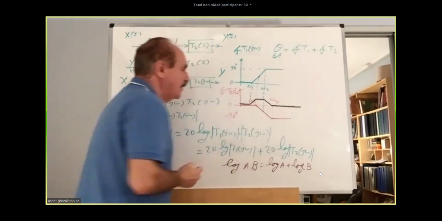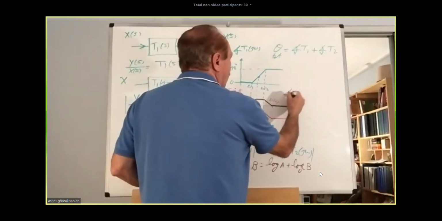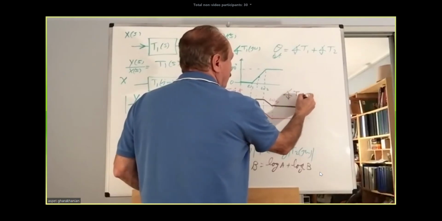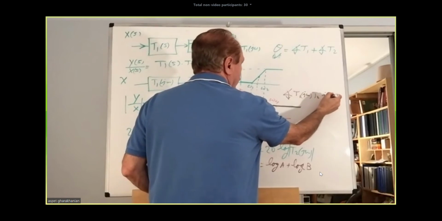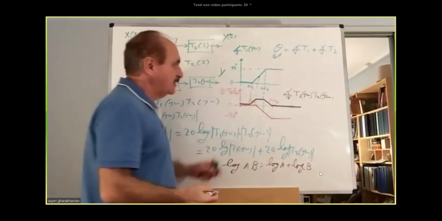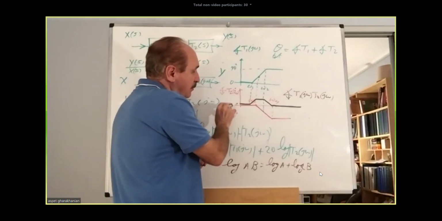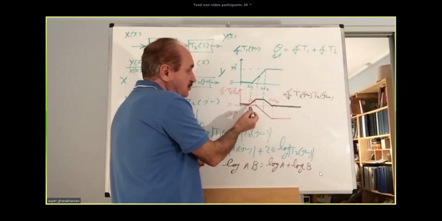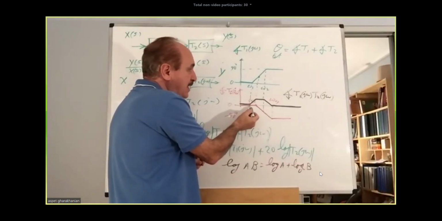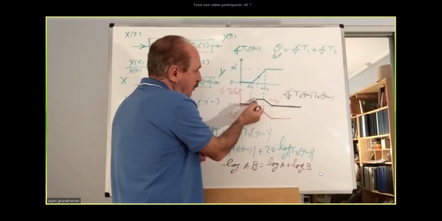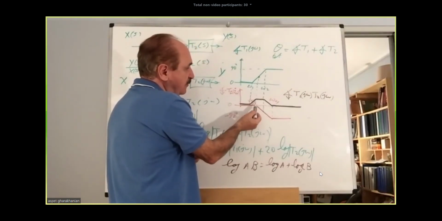There it is. So the function is going to look like the angle of T1 of j omega multiplied by T2 of j omega. This total angle is going to have that kind of a shape. It's going to be 0, then it will take off from the frequency omega 1. Then it will kind of go flat at the frequency omega 3, determined by the lower one.